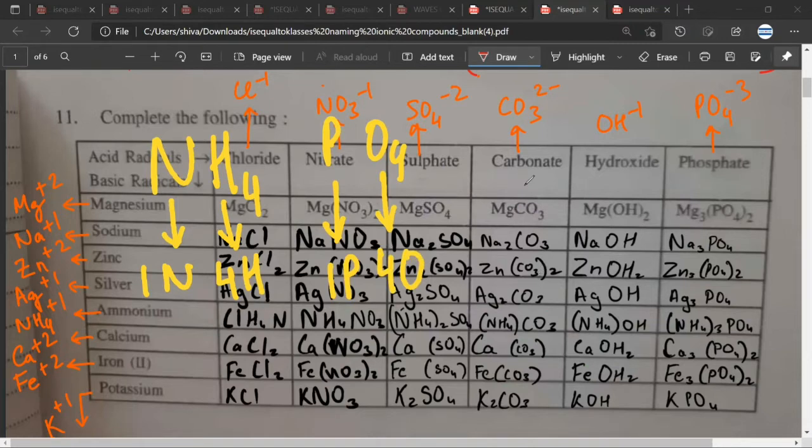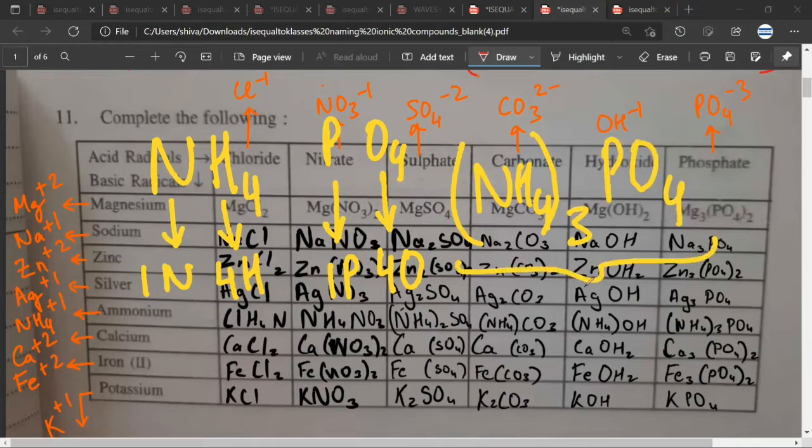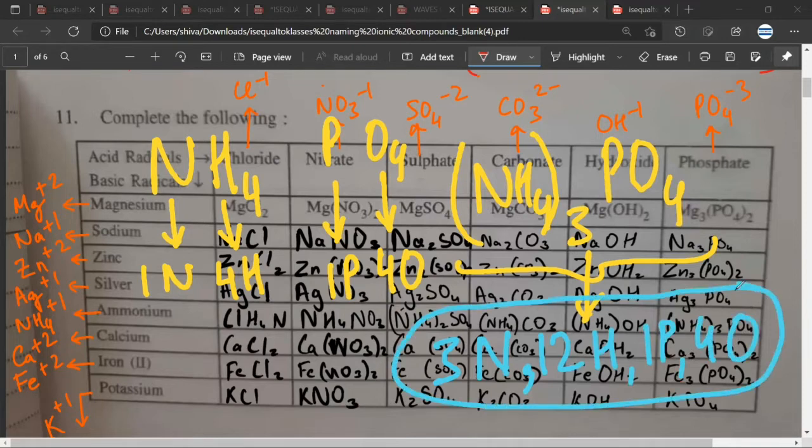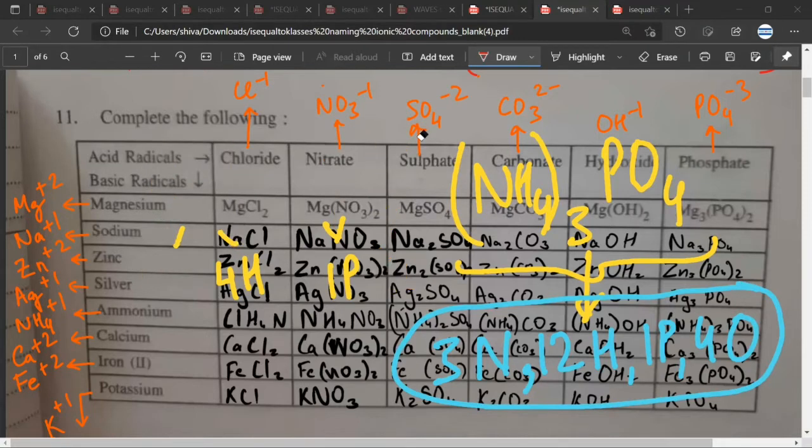We need to understand this because the compound which gets formed, (NH4)3PO4, will have 3 nitrogen, 12 hydrogen, 1 phosphorus, and 4 oxygen. Mr. Satya, is it making sense to you or not? Yes. No confusion? No doubt, sir.